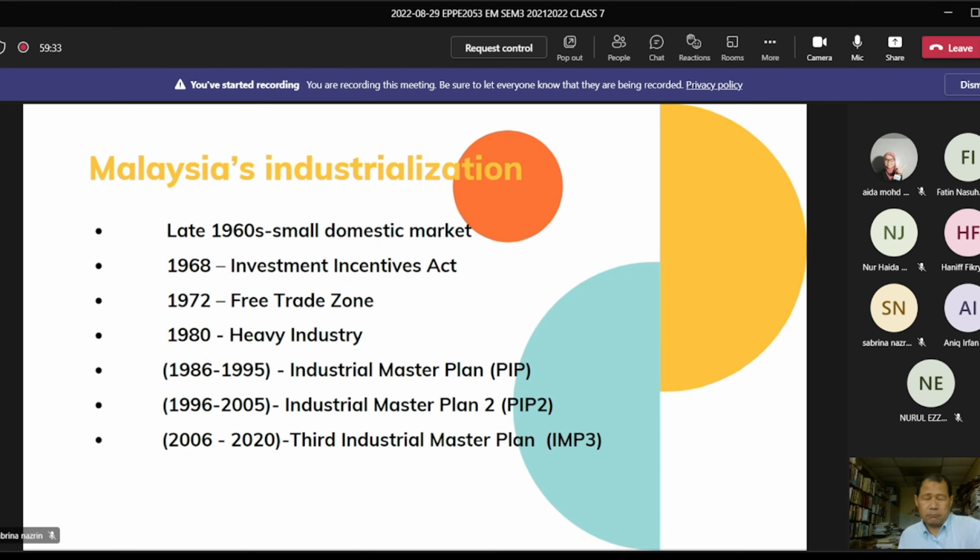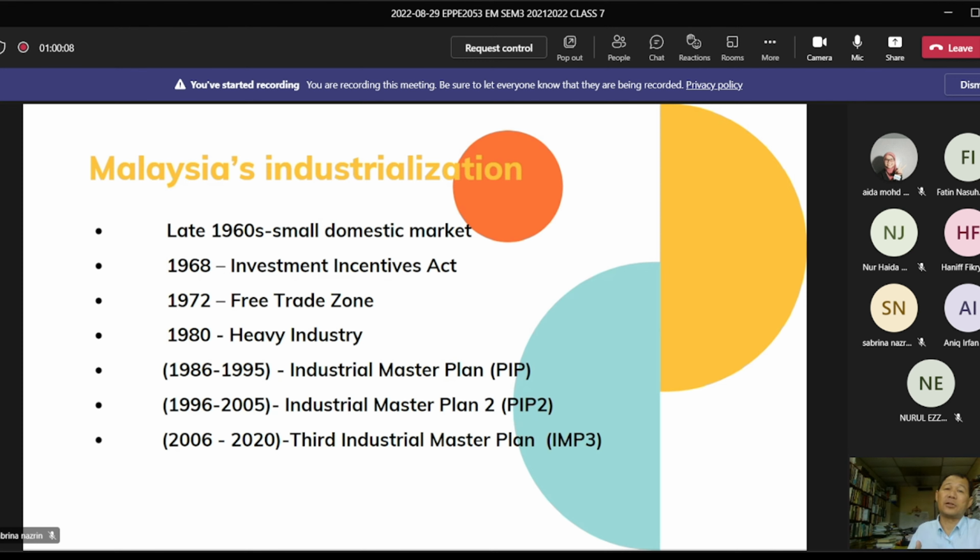The Pioneer Industries Ordinance of 1958 gave companies that came to invest in Malaya to start new industries the status of pioneer companies.